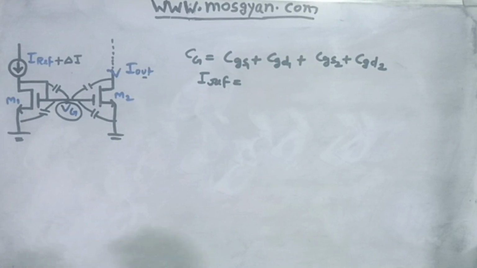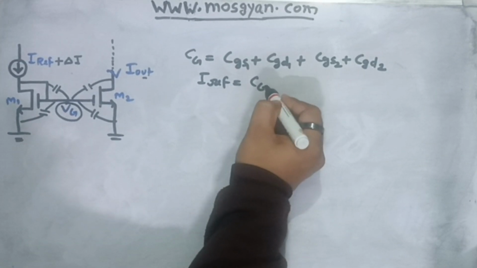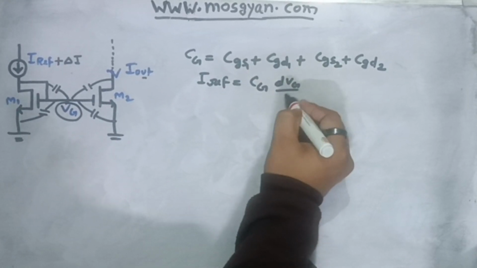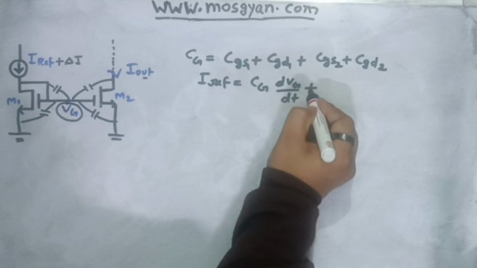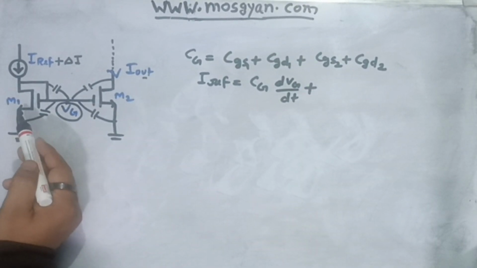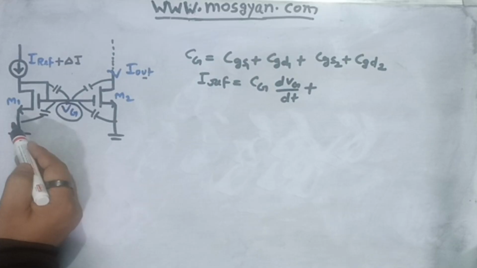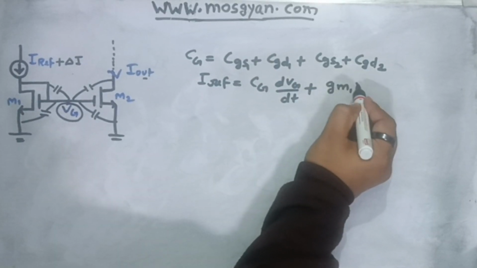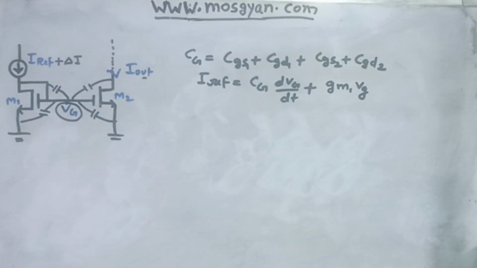So I can write I reference will go in Cg into dVg upon dt plus the current which will go in this MOS M1, which can be represented in small signal terms by Gm into VGS, so I can write it as Gm1 into Vg. This will be the equation of the I reference current.